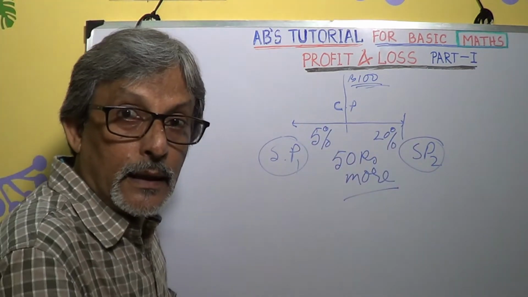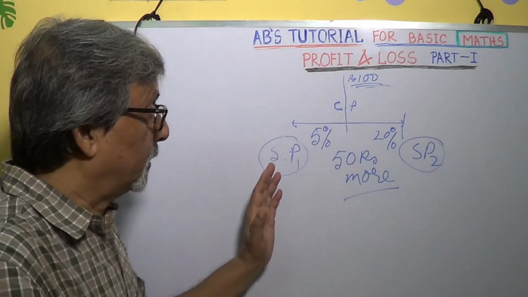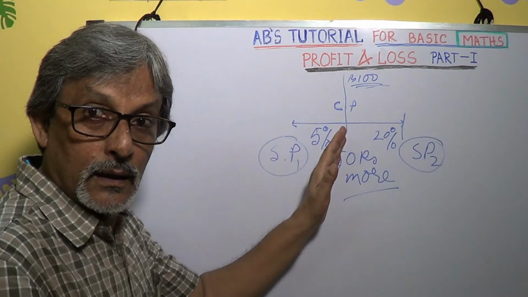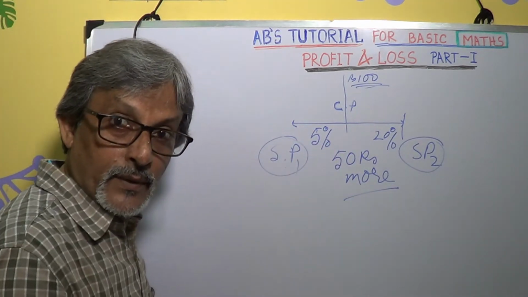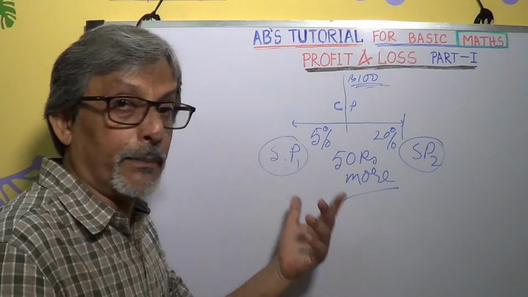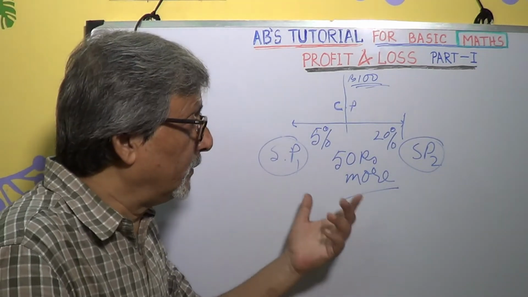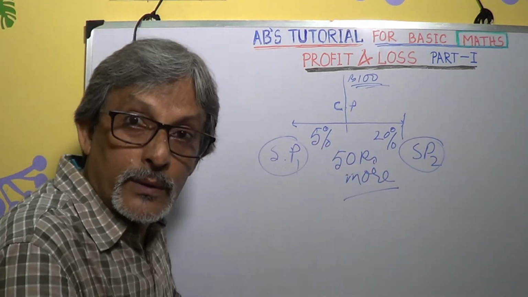Let us analyze the problem. At first SP1, we are selling an article at 5% loss. Now, it may so happen that I have the opportunity of selling it 50 rupees more.